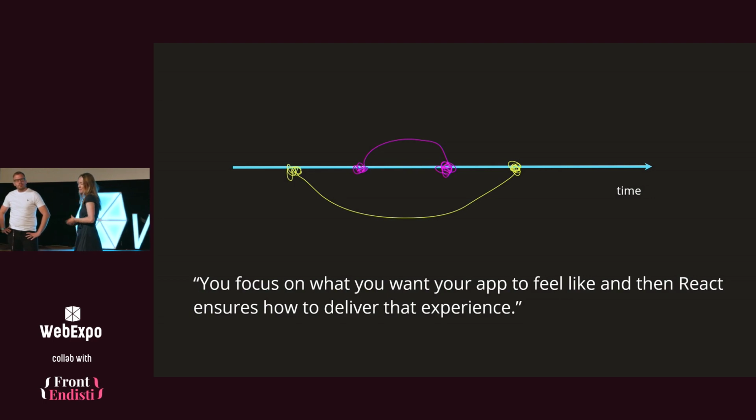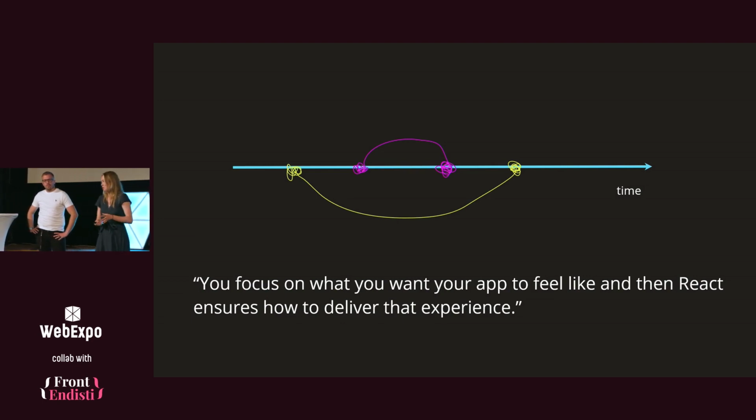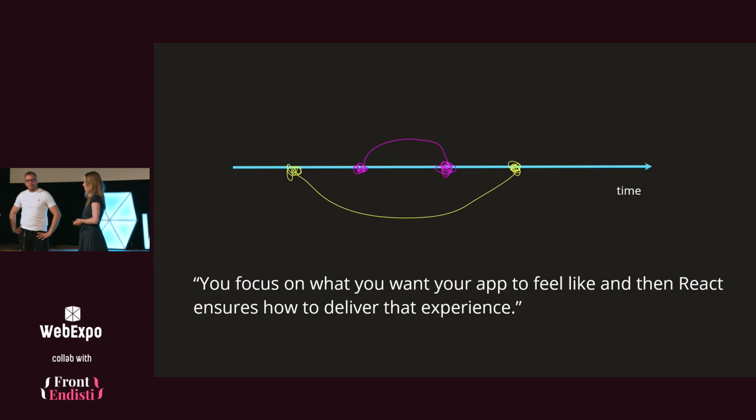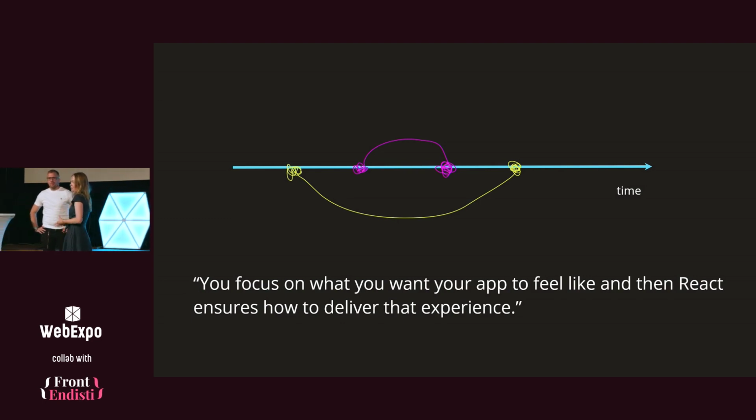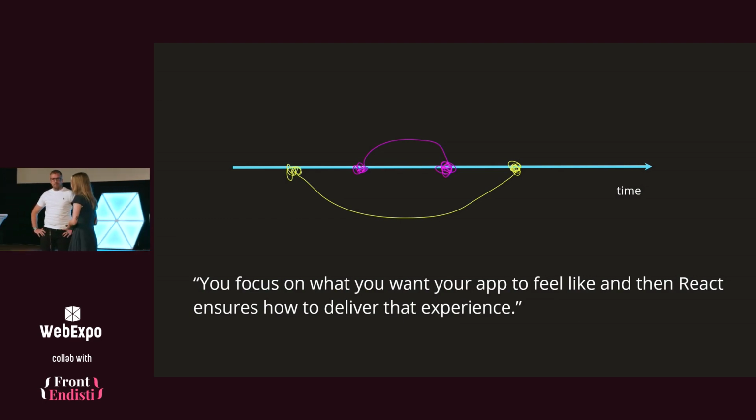And basically, you focus on what you want your app to feel like, and React ensures how to deliver that experience. But what is different from React before React 18 is that before, React used concurrency mode, and right now it uses concurrency features.